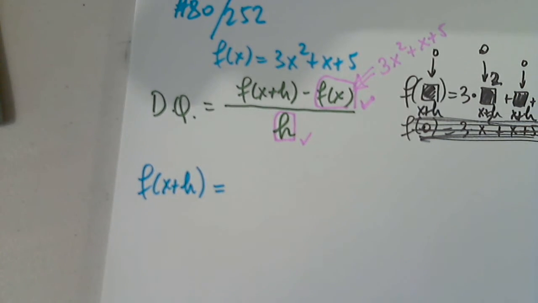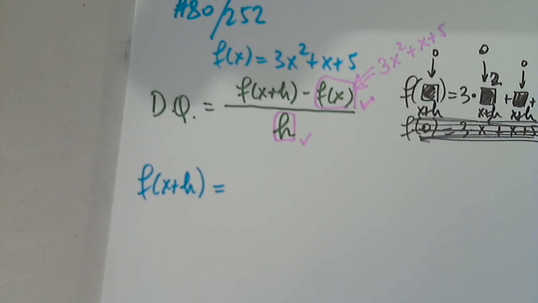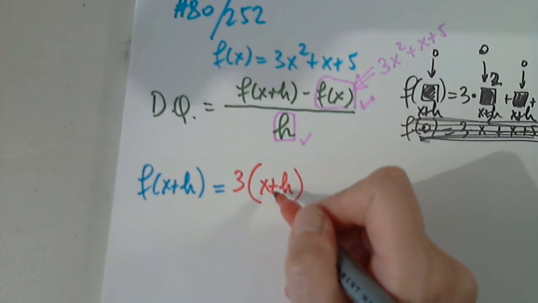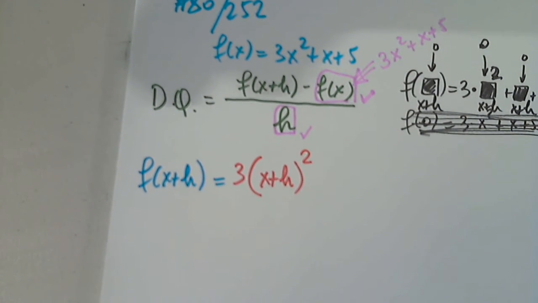So can anyone get us started then, to make sure that you are on the right track? What would you tell me to write? 3, and then you plug in xh on the x. X plus h, not xh, x plus h squared, yes?